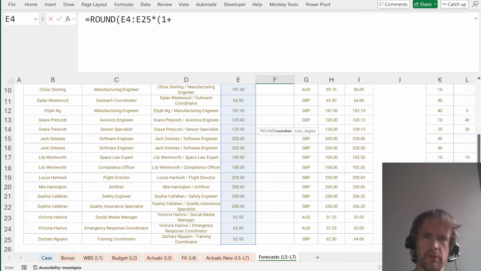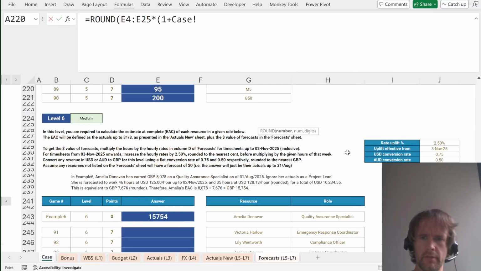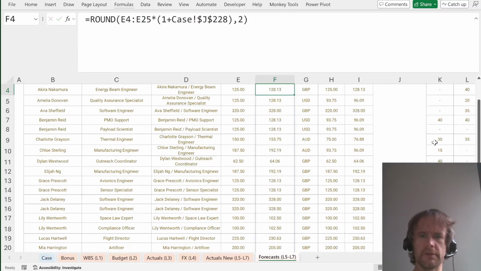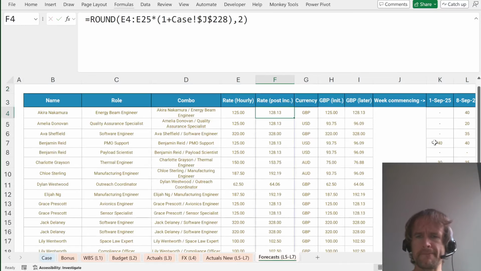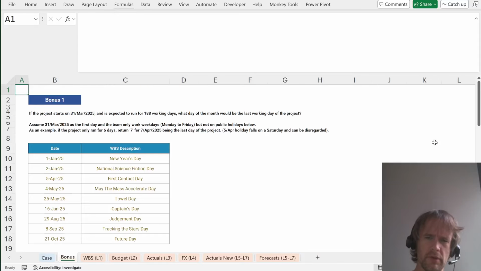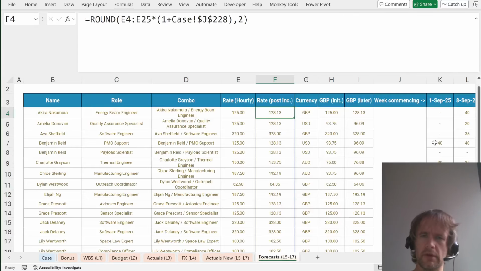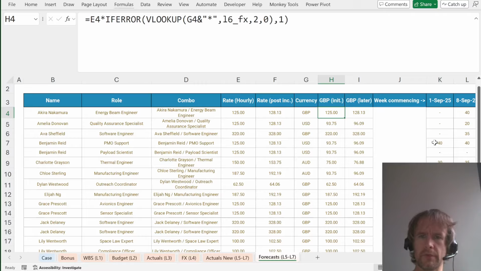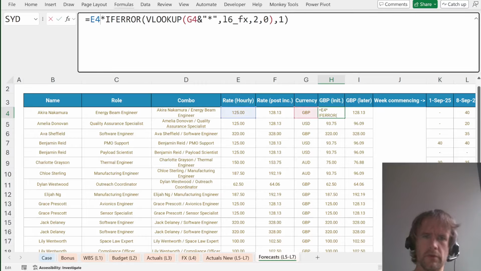This times 1 plus this lock to 2 decimal places. So then where are we rounding? At the total level, I guess. So then just make this E4 colon E5.